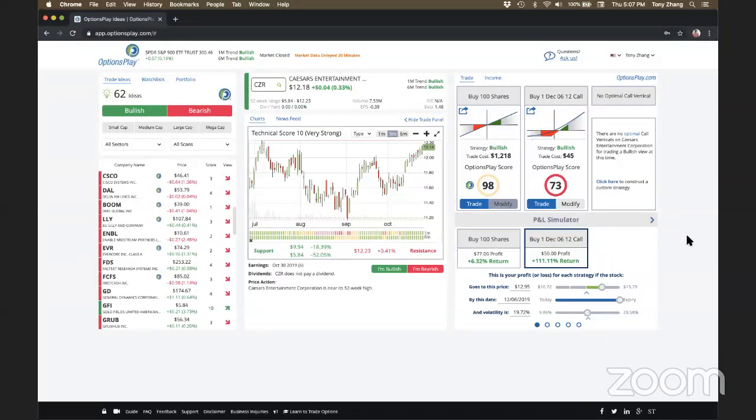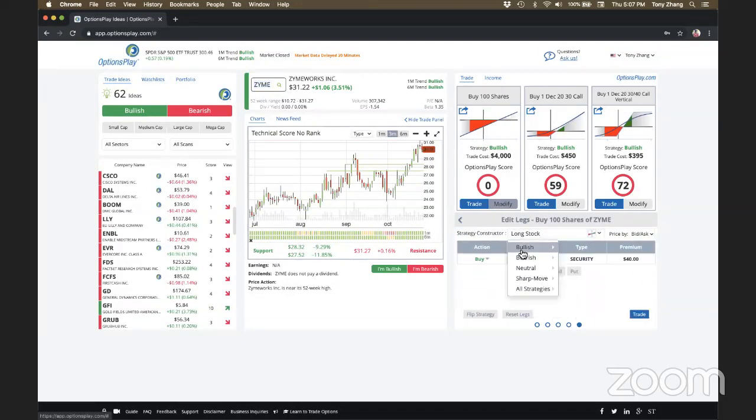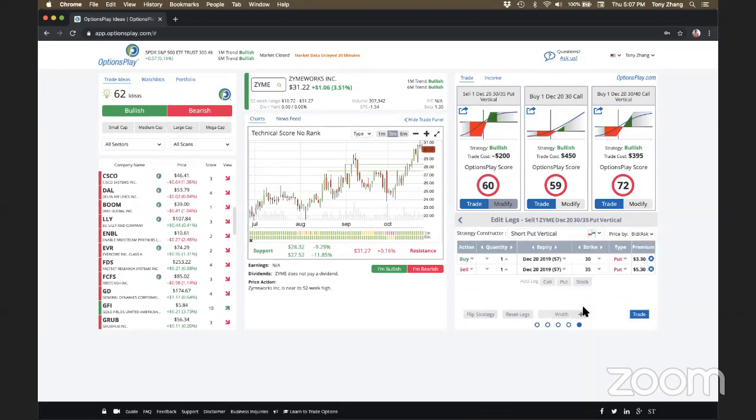Let's see. I'm trying to find some larger cap names. Zymeworks. Let's see. You know, these are some pretty small cap names. Many times on these small caps, you can't really find the right trades to make.